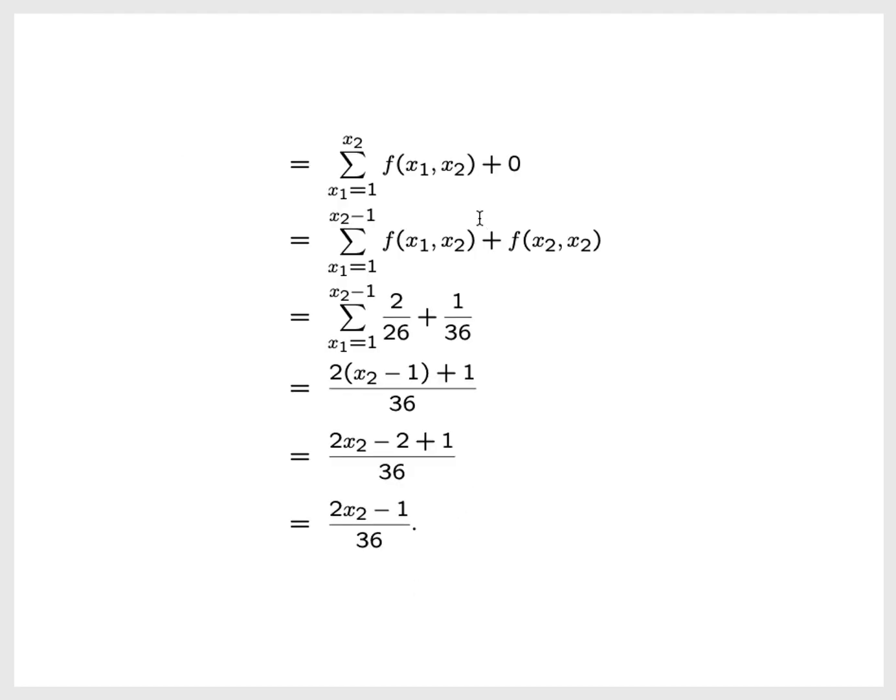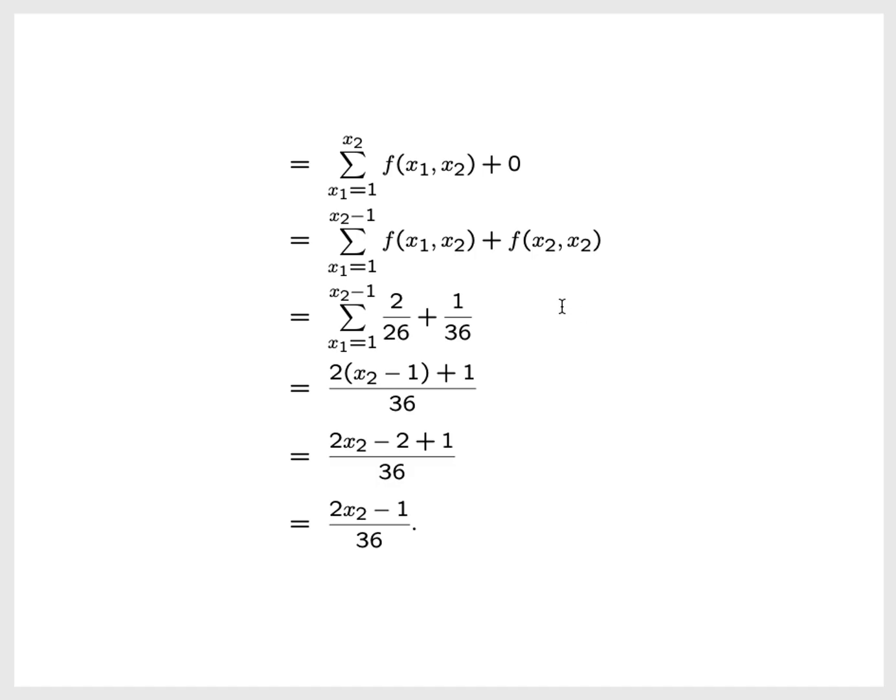All right, and then we're going to take this piece that remains, and we're going to decompose it one more time. The first piece is the sum over the values of X1 from 1 up to X2 minus 1. So over that range, X1 is strictly less than X2. And then the last term would be where X1 is equal to X2.